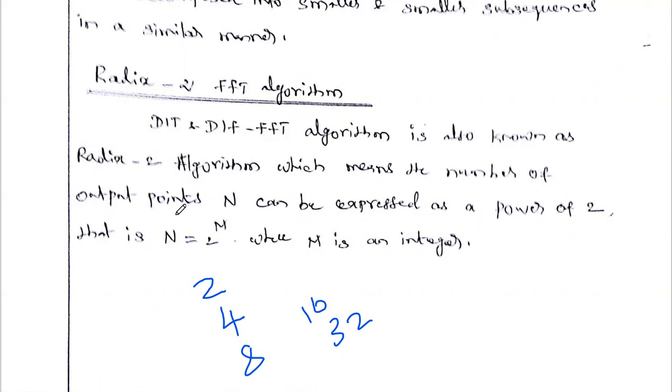The number of outputs obtained from the FFT, capital N, must be expressed as a power of 2. Compulsorily, the capital N value can be written as 2 to the power m, where m is an integer: m equals 1, 2, 3, 4, etc. That's why this FFT algorithm is also called the radix 2 algorithm.